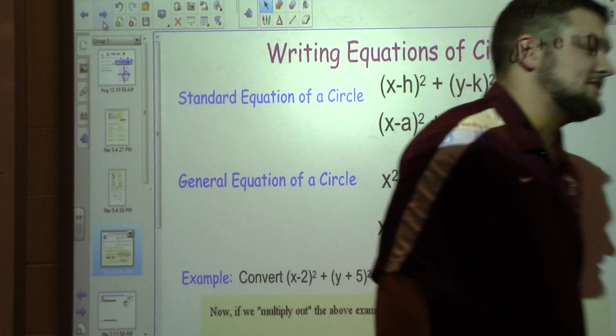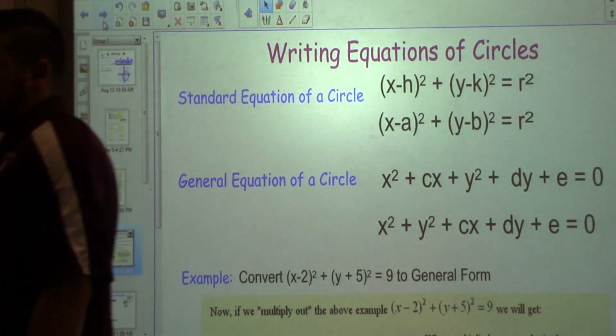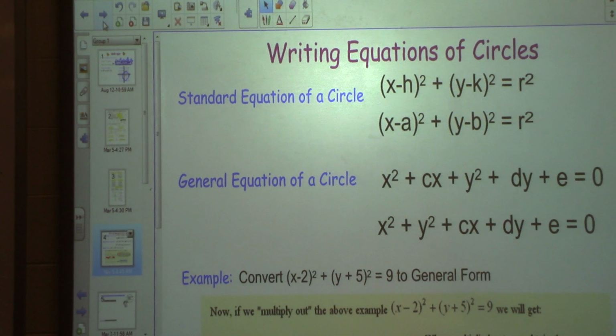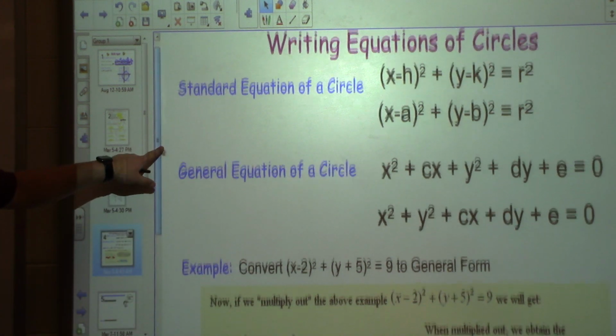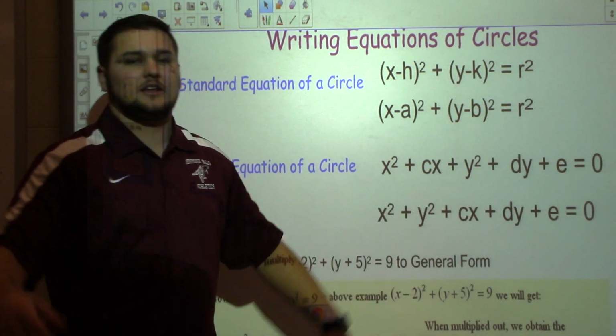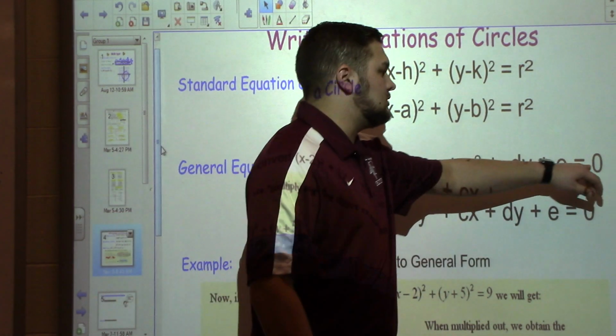So, guys, today we're going to talk about, we have talked about standard form already. Standard form of a circle: x minus h squared plus y minus k squared equals r squared. Now we're going to talk about the general form. As you can see on your paper, it is listed two different ways. Those are the two acceptable ways to write your answers. X squared plus your x term plus y squared plus your y term plus e, or plus your constant, equals 0.